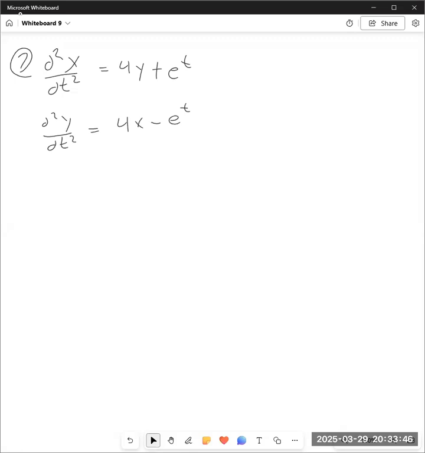So we're going to change the notation here to make it easier for us: D²x - 4y is equal to e^t, and 4x - D²y is also equal to e^t.